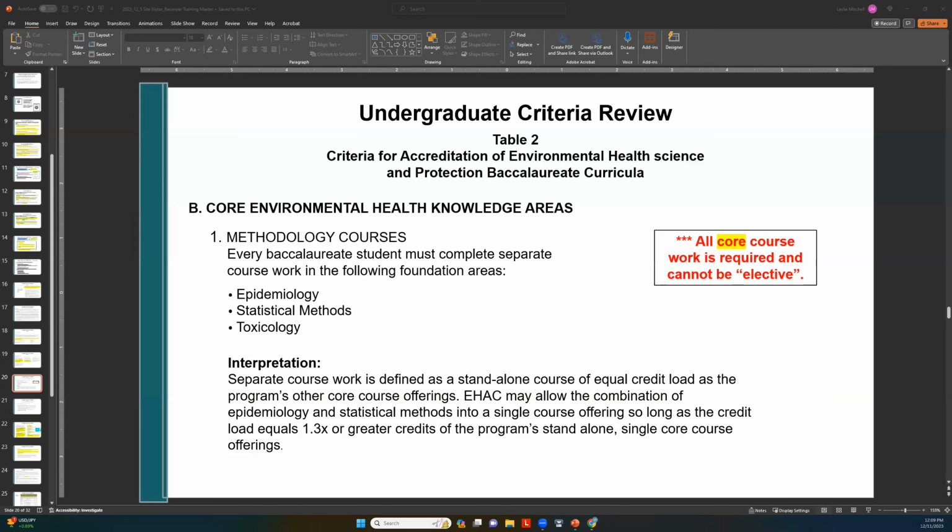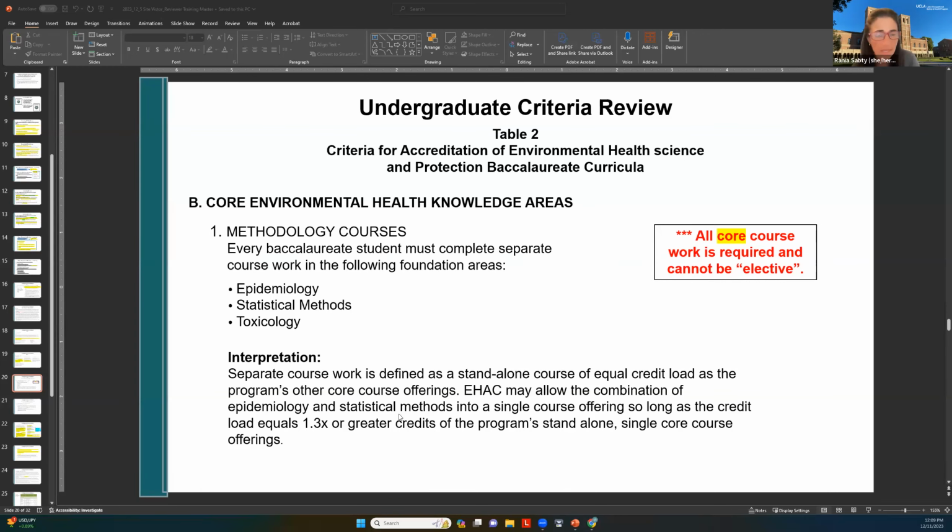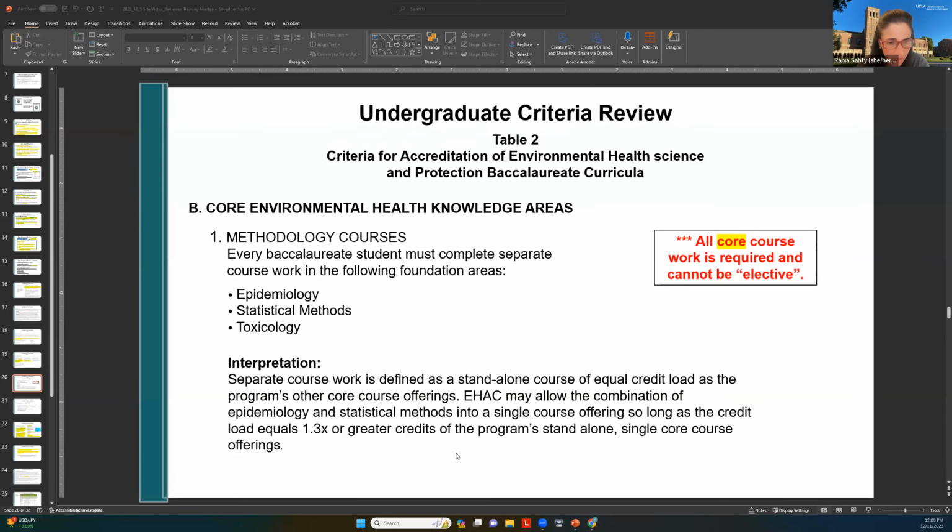Okay, next slide. Tim? Yeah. As you go, one thing that trips me is the page before, which is 1.3 times or greater credits. If you have a quick formula for semester to quarter, I can probably figure it out, but if you have a quick answer, I'll take it. It's actually in there. Go back another slide, Leslie.